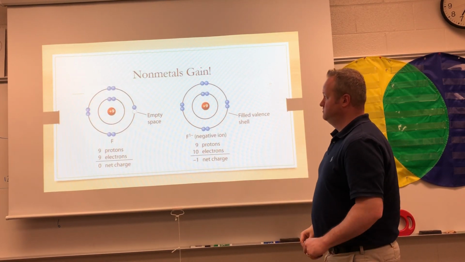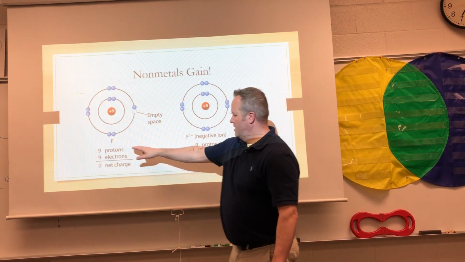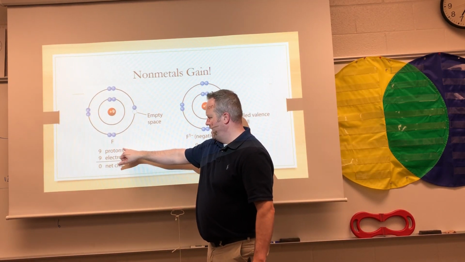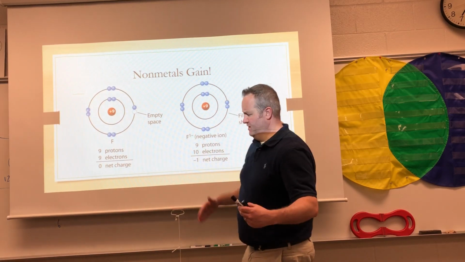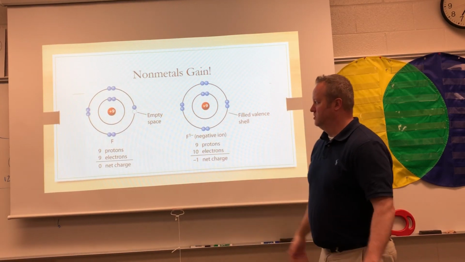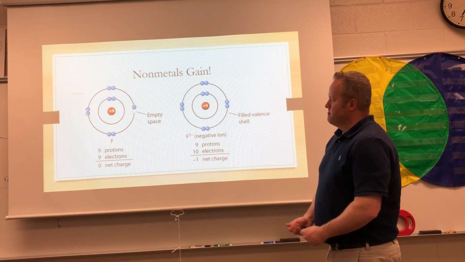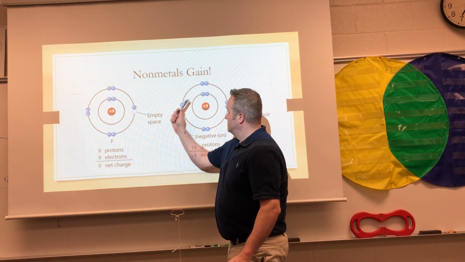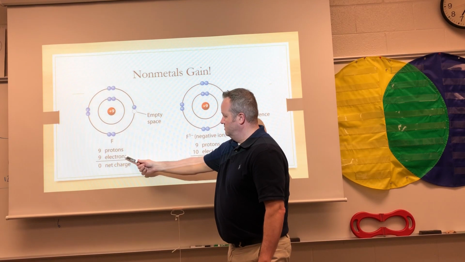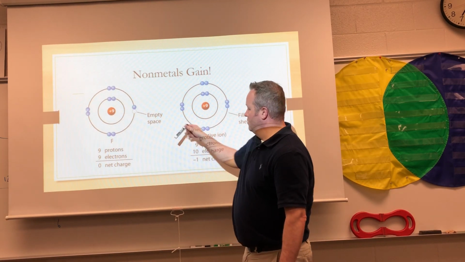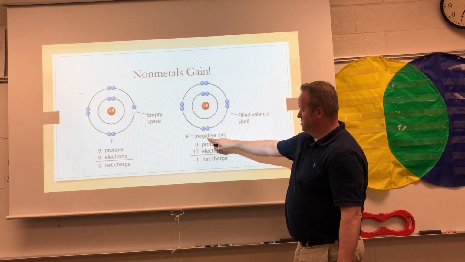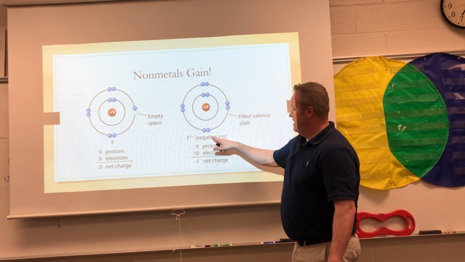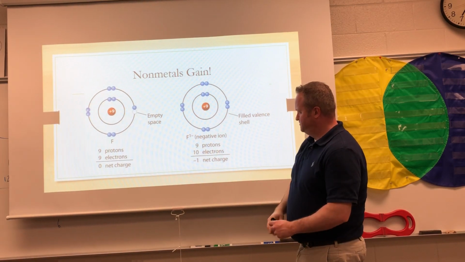Nonmetals will gain. So here is an atom of fluorine. You have 9 protons, 9 electrons, so the charge is 0. It's neutral, it's balanced. But because this is a nonmetal, fluorine will gain 1 additional electron, so you'll actually have what's called a -1 charge. It will form a negative ion.